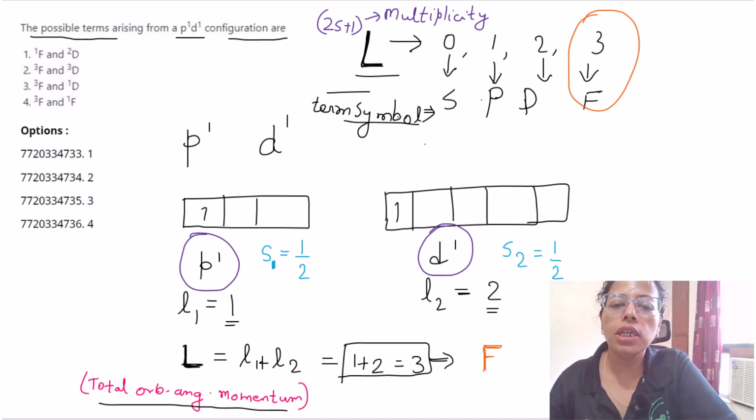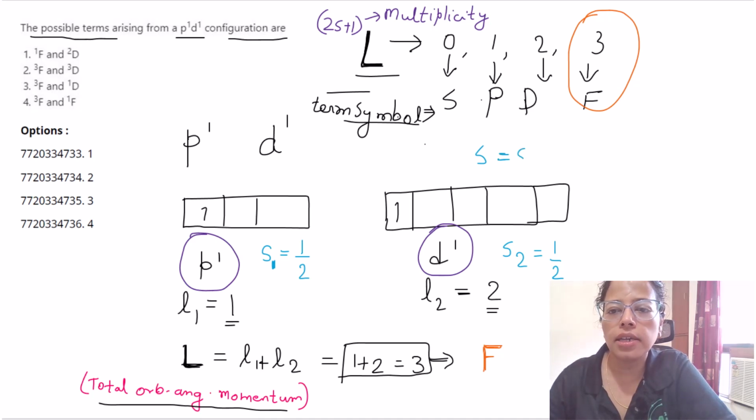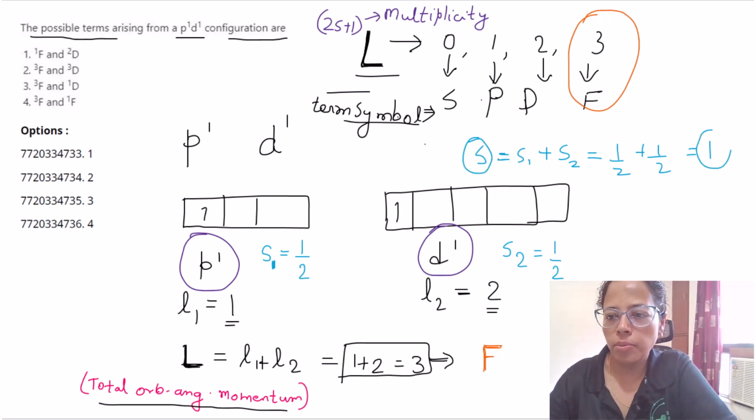Now, in order to get the total spin, it is the summation of individual spins, S1 plus S2. So half plus half becomes 1. So the total spin is 1. And from this total spin, we have to calculate the spin multiplicity.